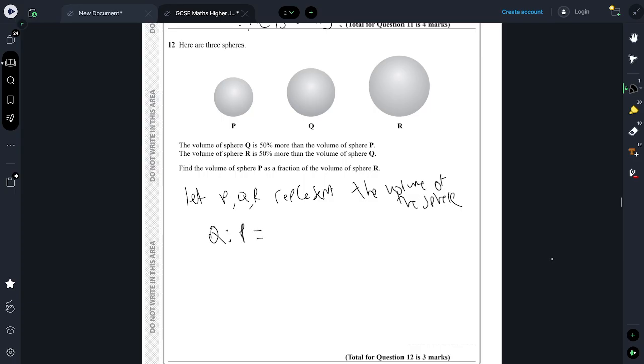Q is 50% more, so Q is going to be 2 to 1. So the volume of sphere, oh, hang on, no, 50% more, so it's 1.5, right? It's 50% more, which you can scale to 3 to 2.